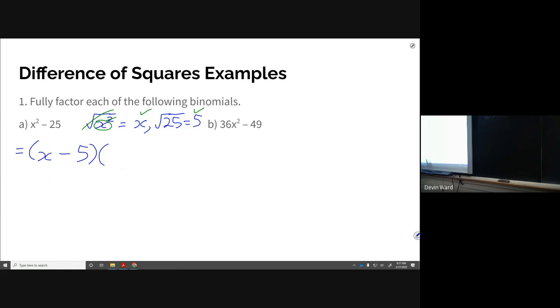So we have x plus 5 or x minus 5. Oh, yeah, x minus 5.